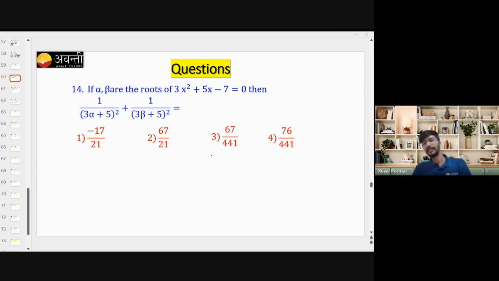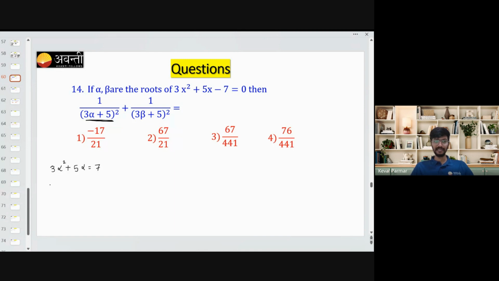Come on, guys. Are you ready? See, here again, the same thing. If alpha and beta are the roots, we'll have 3 alpha square plus 5 alpha equals to 7. If you notice carefully, we want 3 alpha plus 5.